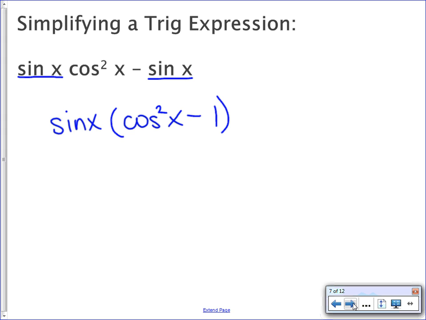So I'm going to do this. Sine squared is the same as 1 minus cosine squared. Do you agree? Is that what we have here, 1 minus cosine squared? No, we have the opposite, don't we? How do I get this to be cosine squared minus 1? How do we get it?